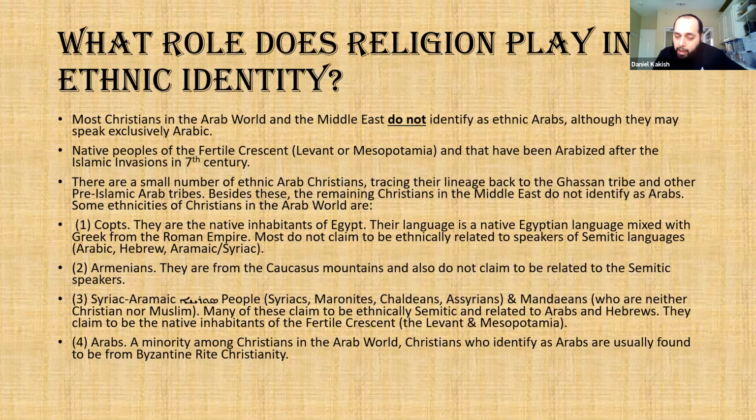The same thing happened in North Africa, Egypt, but for the sake of keeping this less detailed, we're just going to focus on the Fertile Crescent. There are a small number of ethnic Arab Christians. So Christians who identify as Arabs are a minority. Usually they trace their lineage back to pre-Islamic Christian Arab tribes like the Ghassanids, Bani Ghassan, and others.